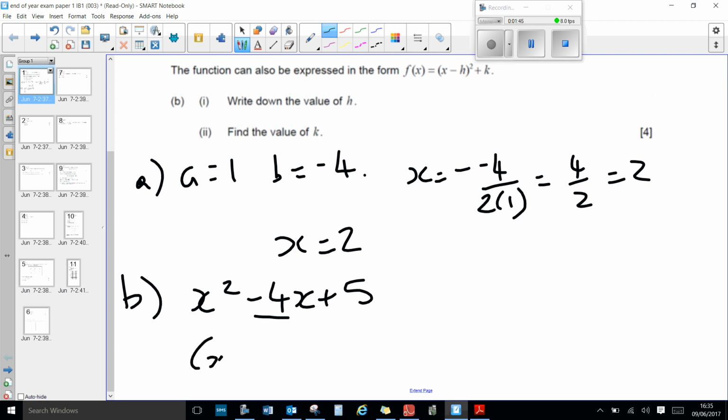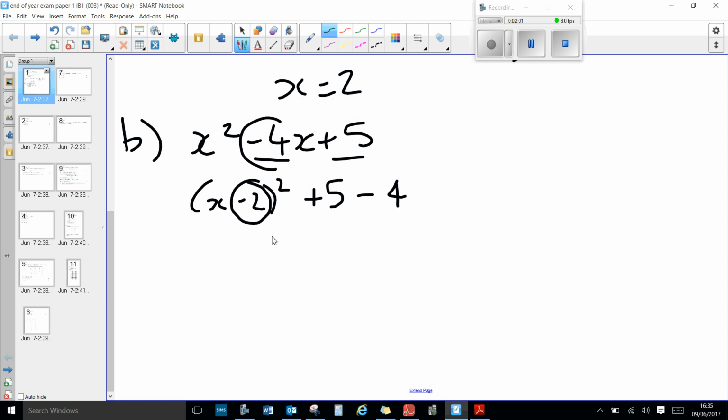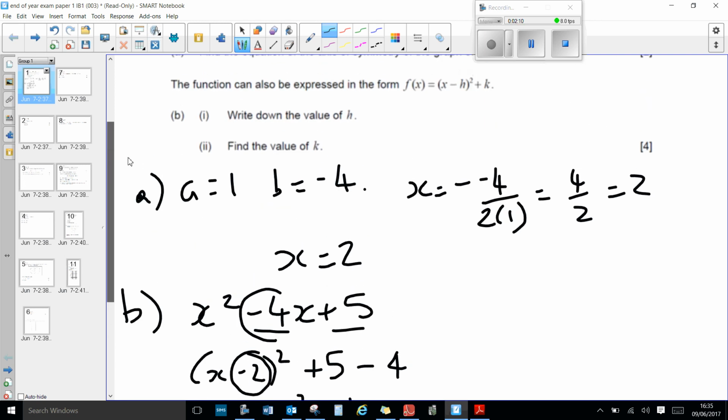So in our bracket, it's going to be x minus 2 all squared. We've still got our plus 5, so we write plus 5, and then we have to subtract this value here squared. So we're subtracting 4. So our final answer is x minus 2 squared plus 1. So we've written it in that format.